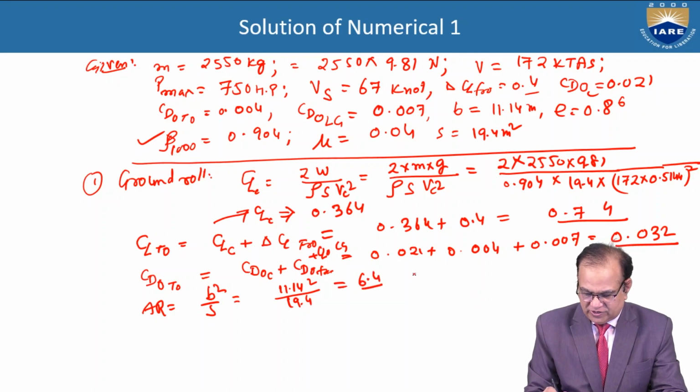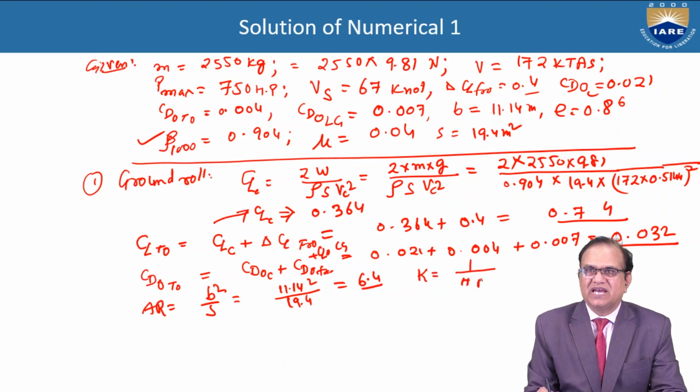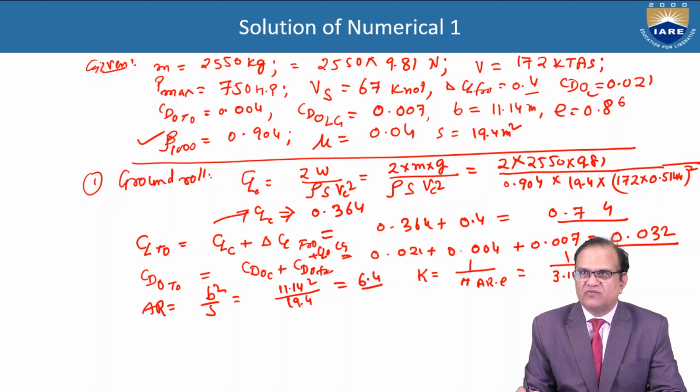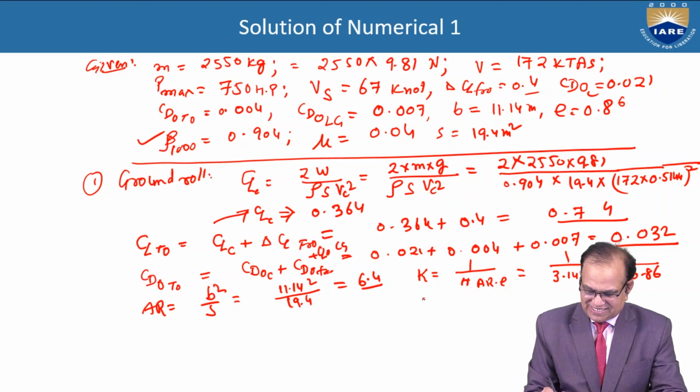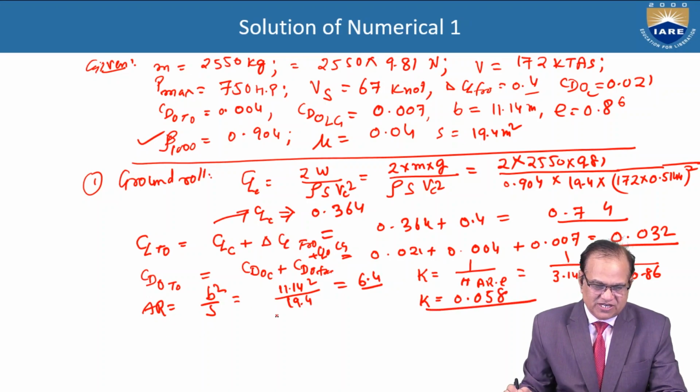Now we have to find the factor K, which is 1 by pi into aspect ratio into e. So 1 by 3.14 into 6.4, where e is equal to 0.86. So this value of K you will get as 0.058. So we got K and we got the aspect ratio.